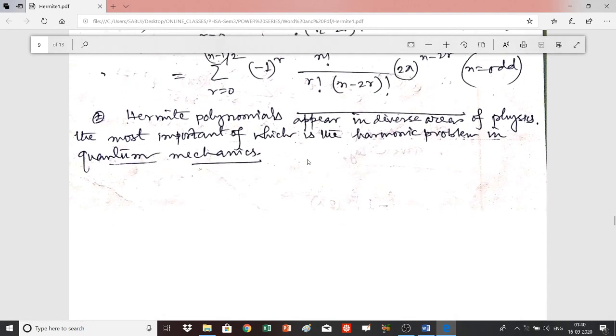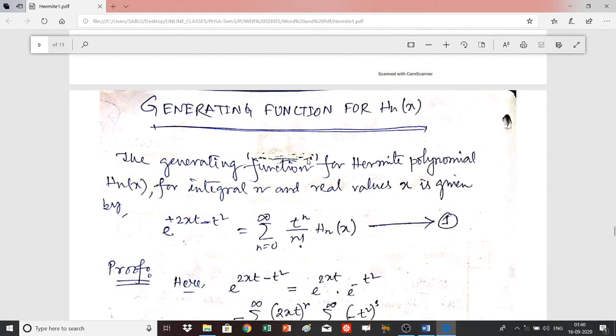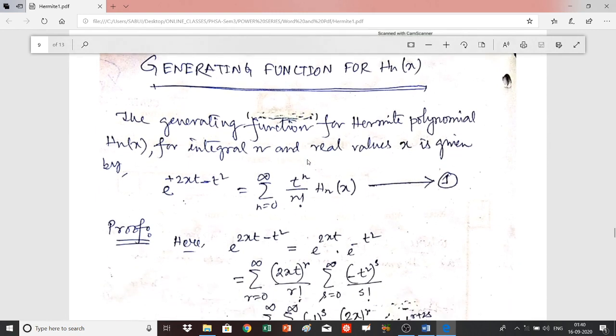Okay, now we are coming to the generating function for Hermite polynomials.